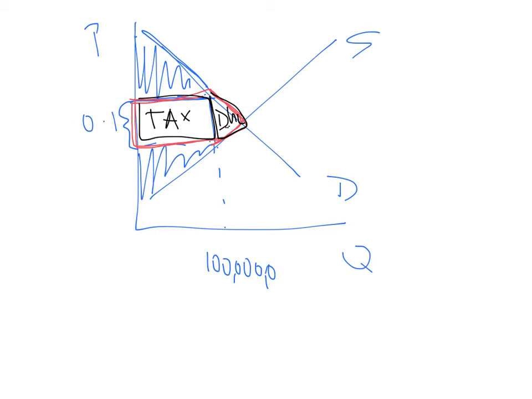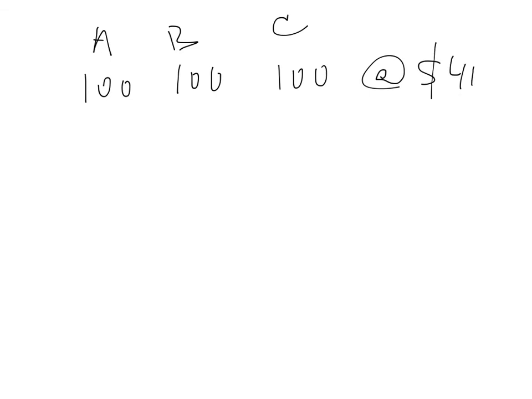Okay, as far as the firm ABC goes, so you have 3 firms. Each of them are producing 100 units and selling at $40, right? So the total revenue is, yes, 300 customers times 40, so they have a revenue of $12,000.